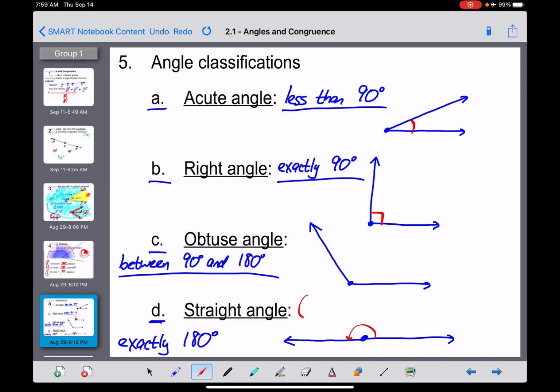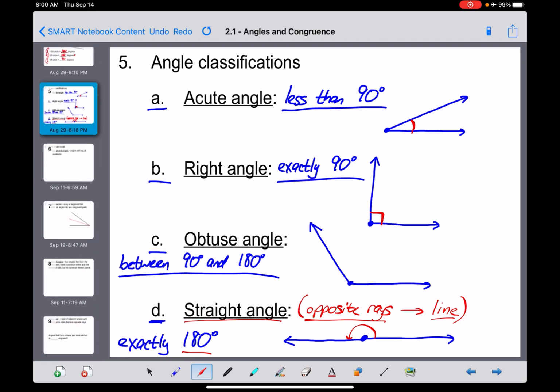What we're really dealing with in a straight angle are opposite rays, which we discussed earlier, and opposite rays are really the same thing as a line. So these three phrases, straight angle, opposite rays, and a line, they're really all the same thing. The point is that's exactly 180 degrees.